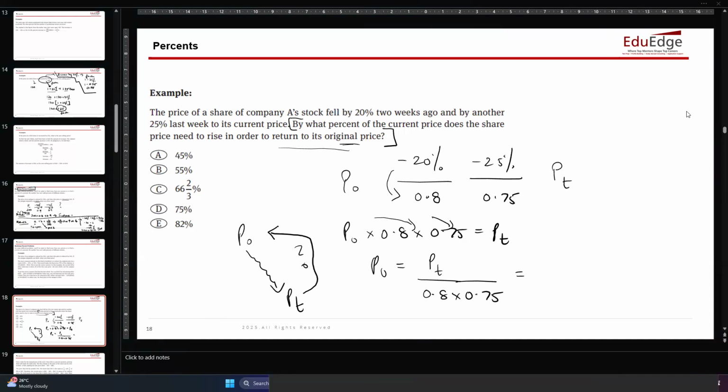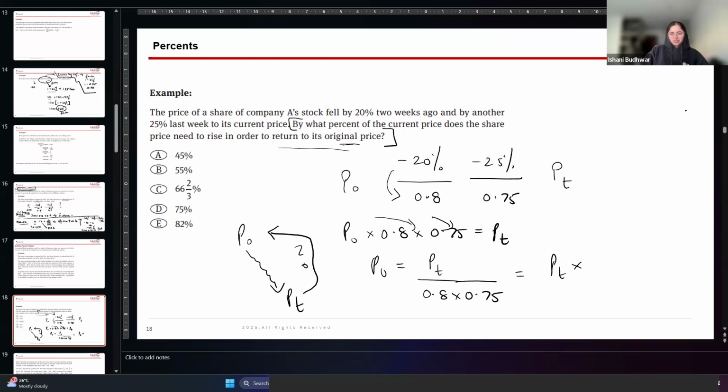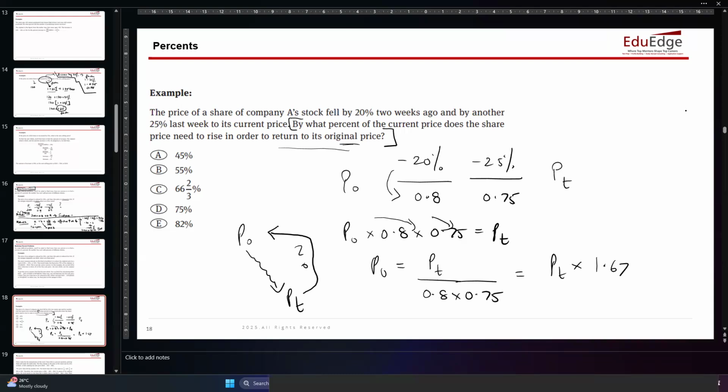So PT into what? 1.67, right? Which means PT needs to increase by 67% to get back to the original. Then you will get back P0.